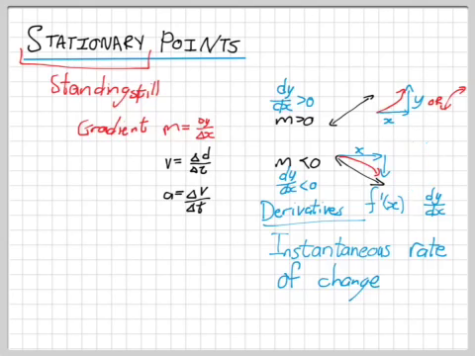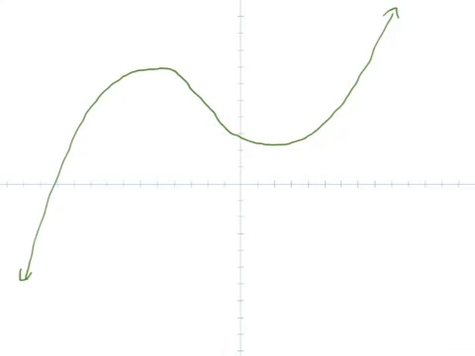Or, if we look at x increasing and y decreasing, it could look like this. So when we have a look at this on a graph, here is a graph that I have already drawn for you.